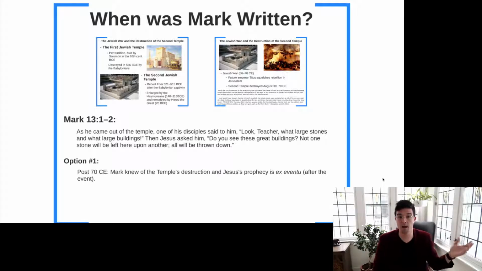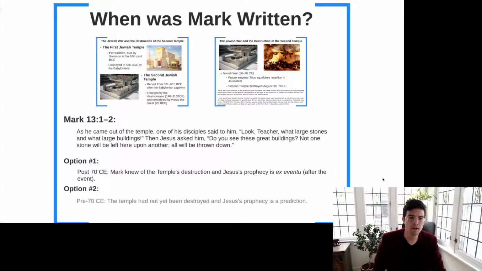The first option, and this would indicate that Mark is written after 70 CE, after the temple was destroyed, is that the author of Mark already knew of the temple's destruction, that had already happened. And Jesus' prophecy is what's called ex eventu, after the fact, that the author of the Gospel of Mark has put back into Jesus's mouth the prediction of the destruction of the temple, knowing that destruction has already happened.